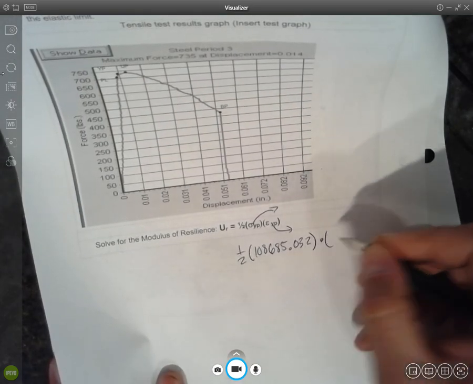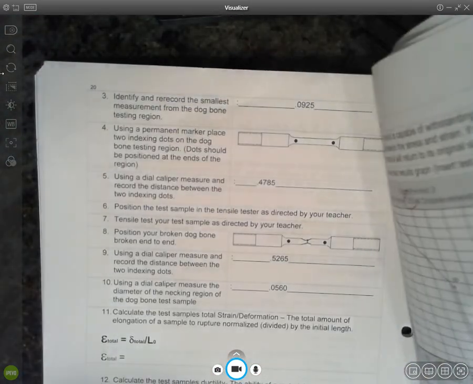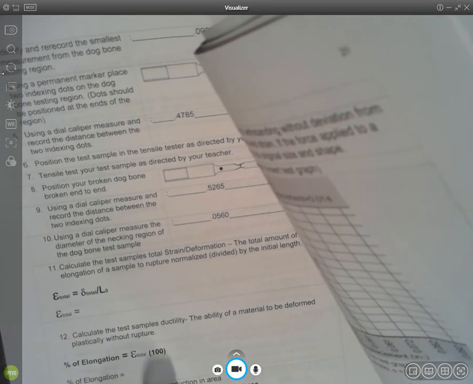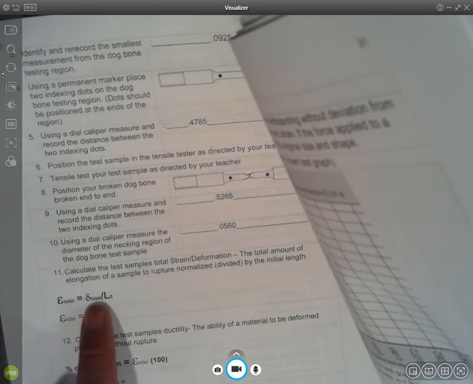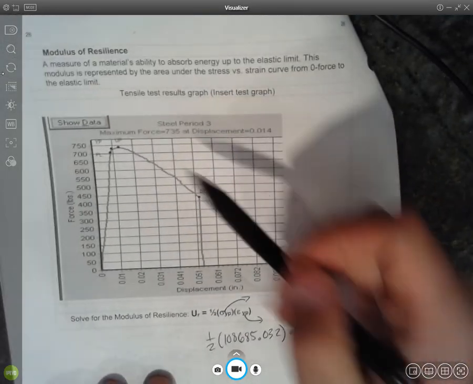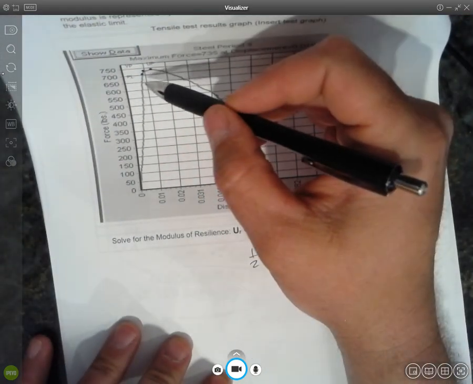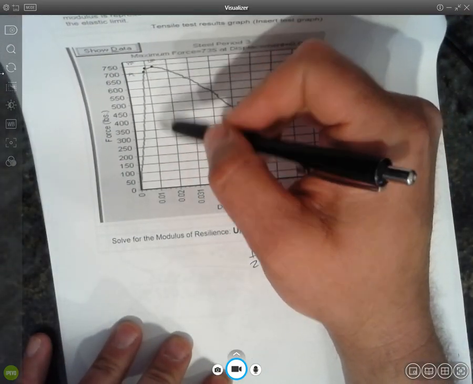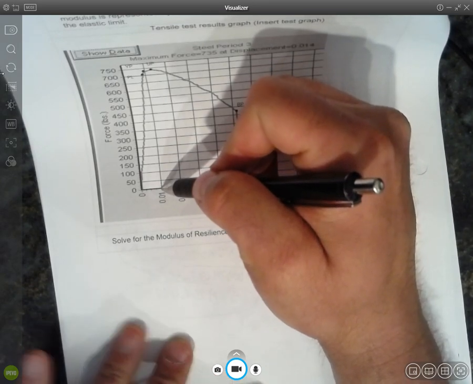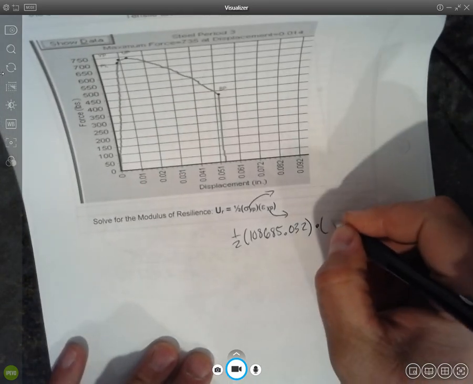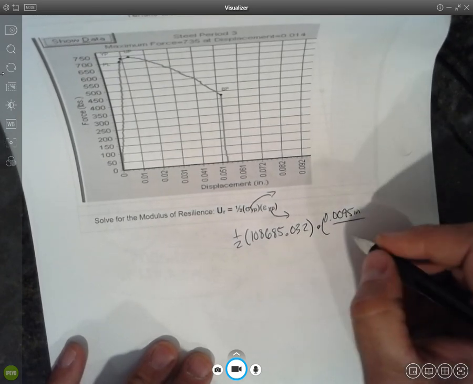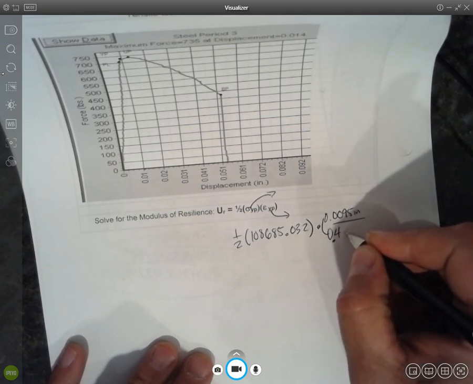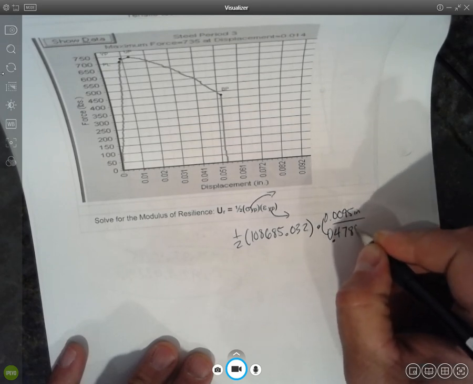times the strain at the yield point, which I believe we found, and I might have to flip to a different packet. Yeah, we found the strain total right here, but I'm not sure if we use the yield point strain. So yield point strain is going to be the yield point right here. So about 0.0095 inches divided by our original length, 0.4785 inches.